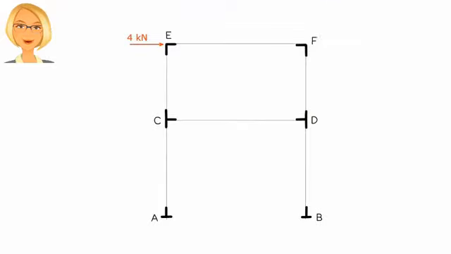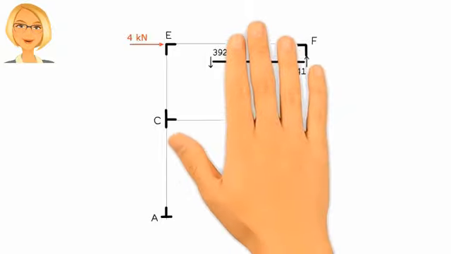Now we transfer member end shear forces to the joints and apply the equilibrium conditions to each joint until support reactions are determined. But since moment equilibrium has already been maintained, at this point we only need to consider force equilibrium at each joint. Let's start by transferring member end shear forces to the joints. Here is the transfer for member EF.